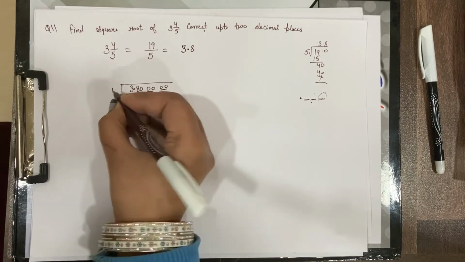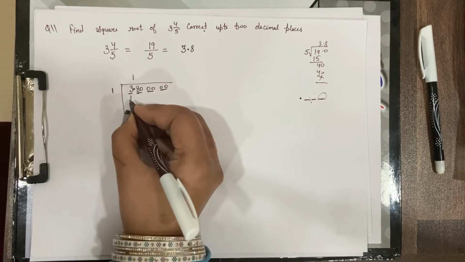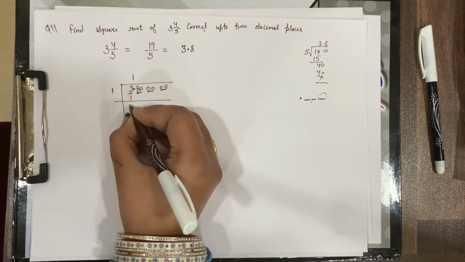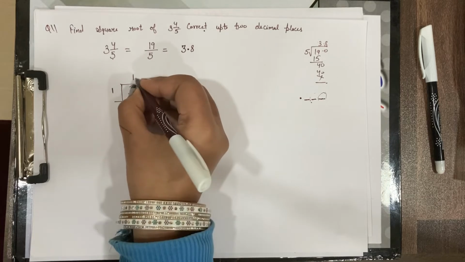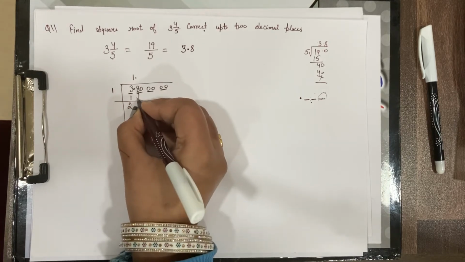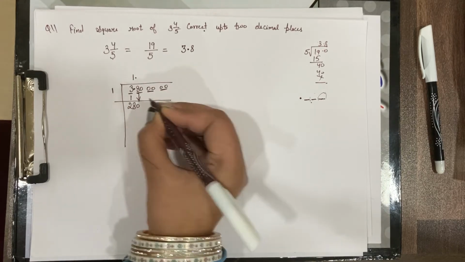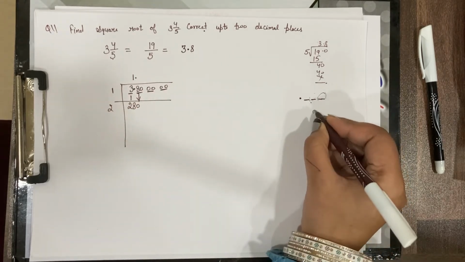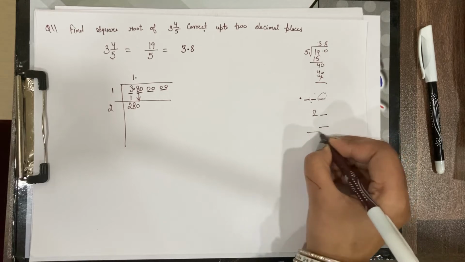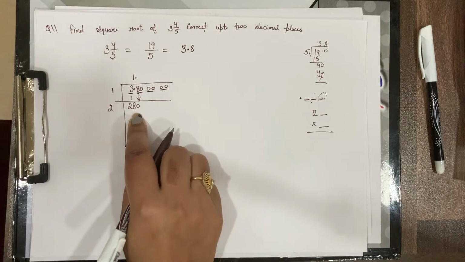1 ones are 1. 3 minus 1, 2. Now we'll put the decimal here. Here we'll get 80. Double of this will be 2. I have to write a number here and here, which gives me a number lesser than this.